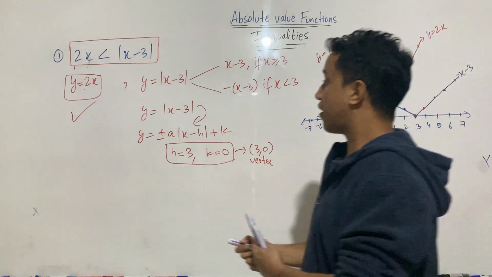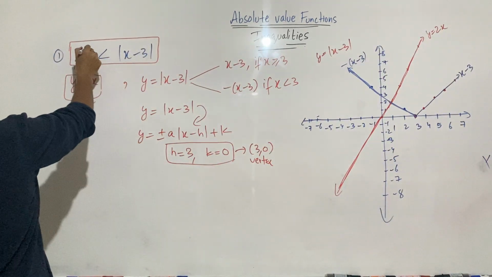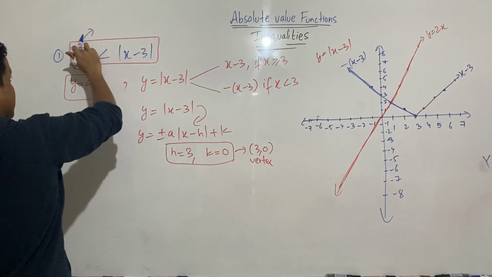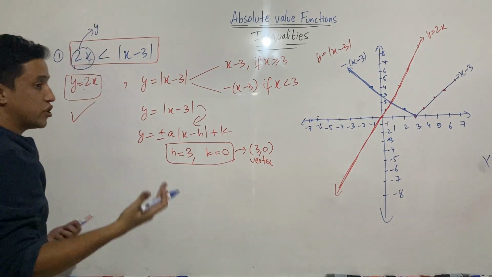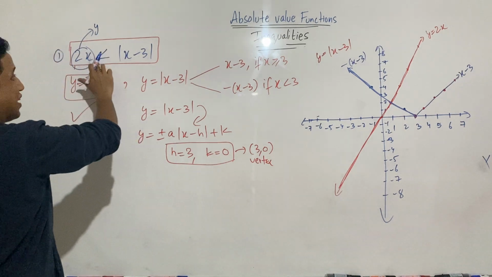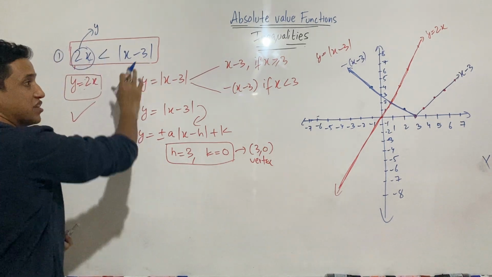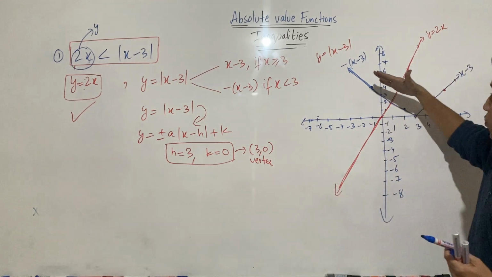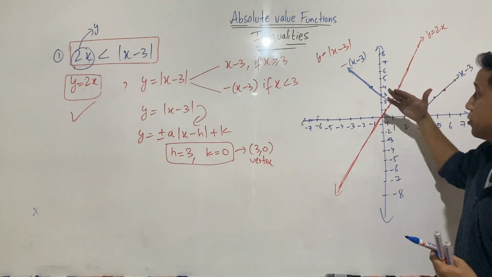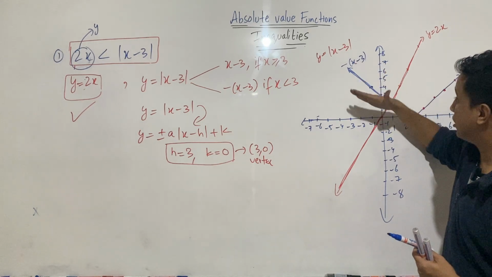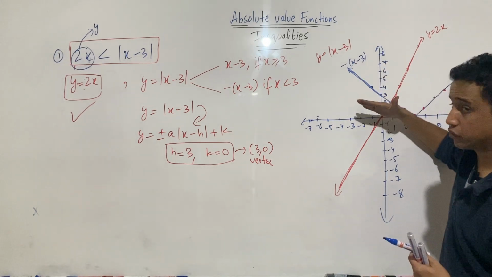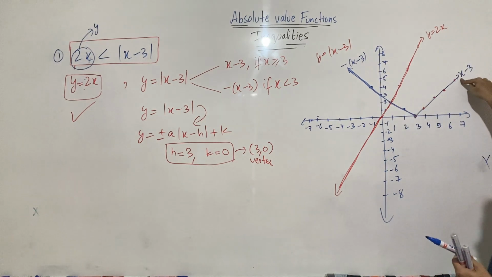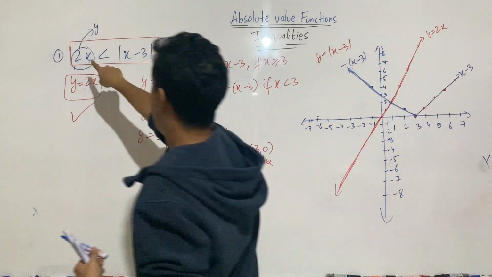If I represent this function with y, I need a graph for y less than the absolute function x minus 3, which means the region below, not above, below, right? The region below this absolute value function, okay?